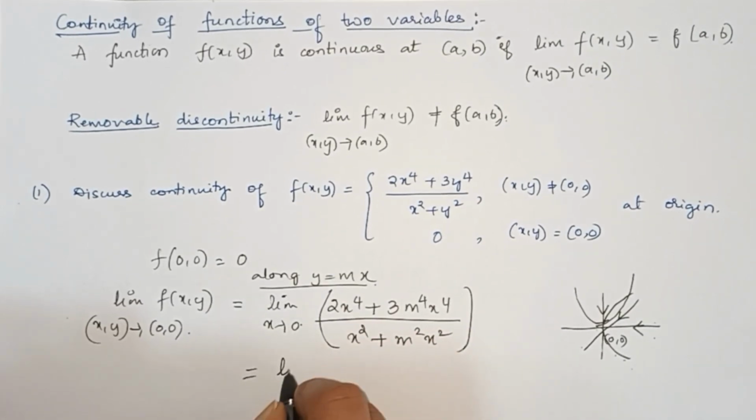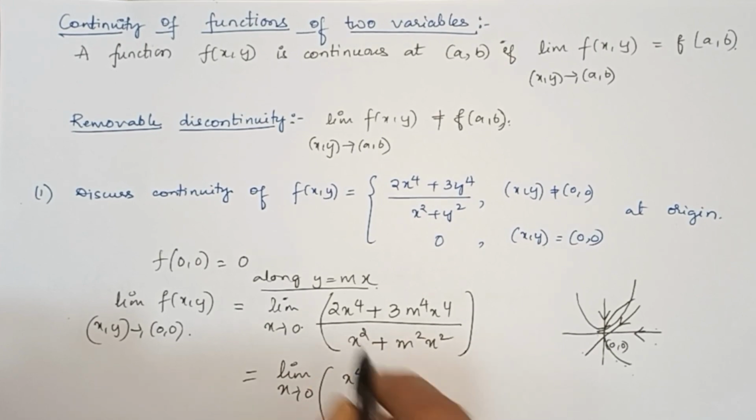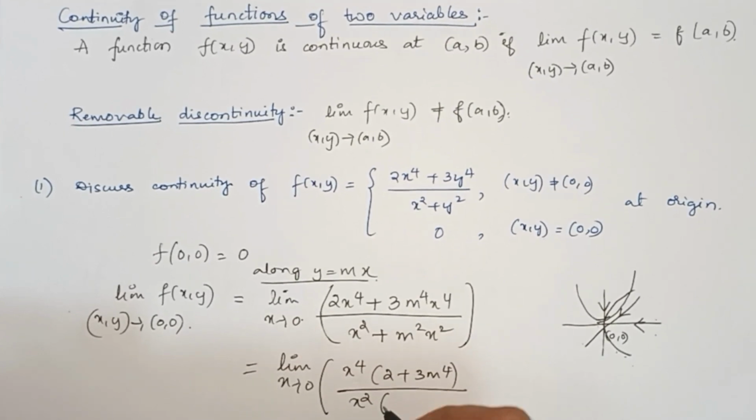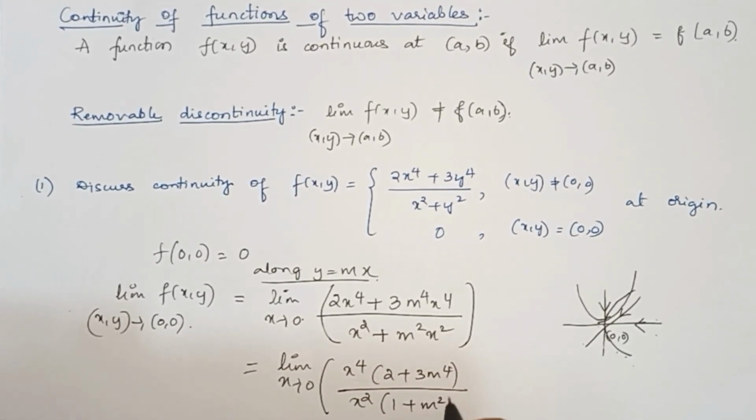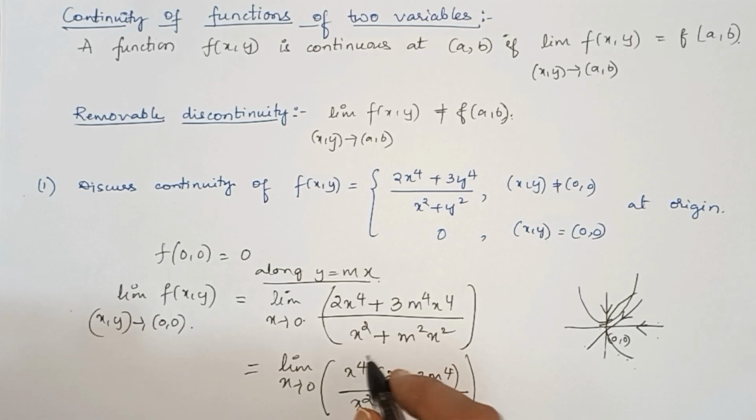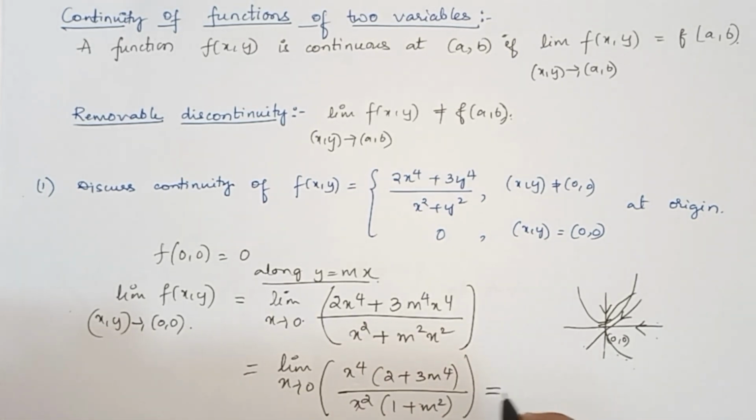Let me simplify: limit as x tends to 0, x⁴ common in the numerator, giving (1 + 3m⁴), divided by x² common in the denominator, giving (1 + m²). So x² cancels with that of the numerator, and one x² remains in the numerator. Whatever this value may be, 0 into anything gives 0.